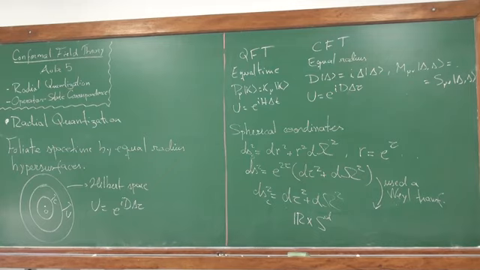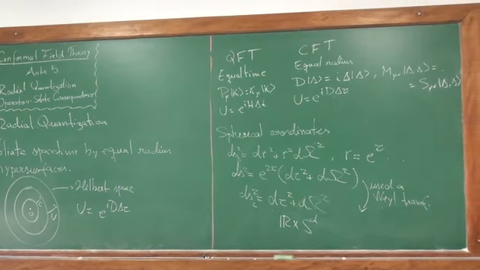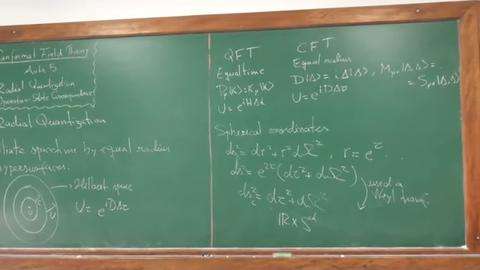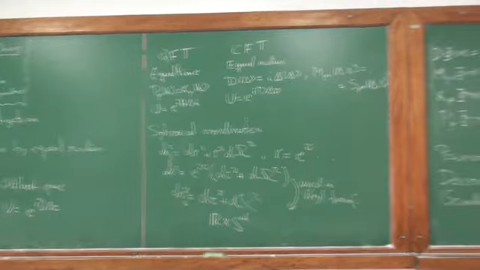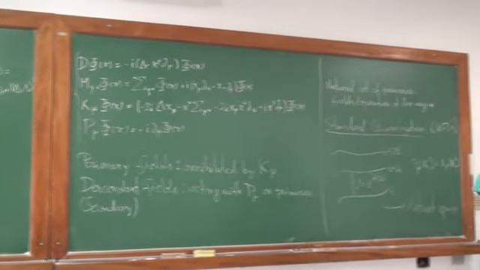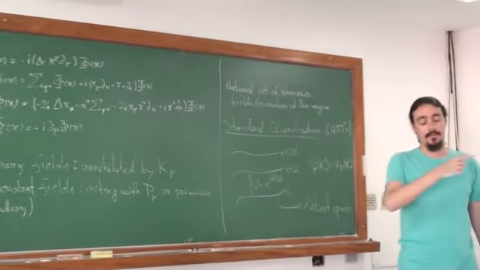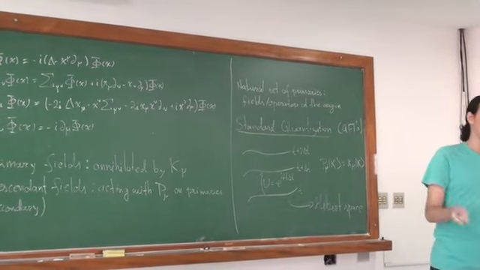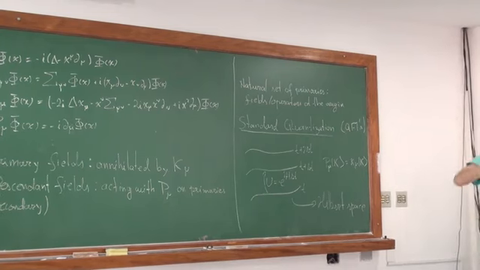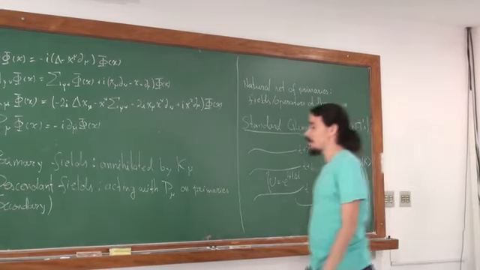The reason this is cool or useful is because when we do standard quantization, we can employ spherical coordinates for the spatial directions, and time will just be aligned. I'm using time evolution, slicing by equal time surfaces.